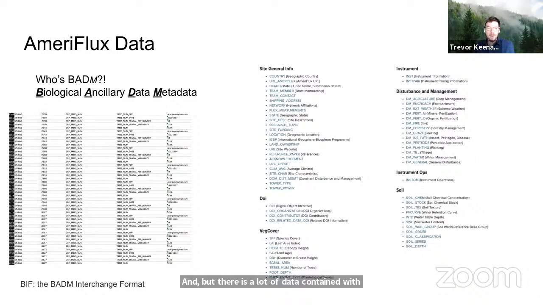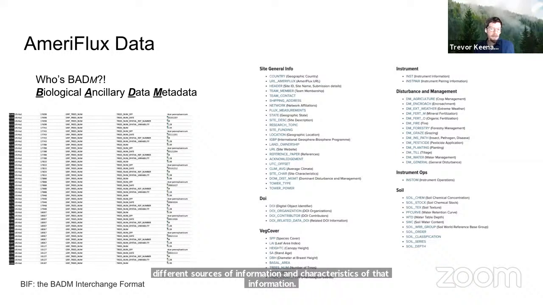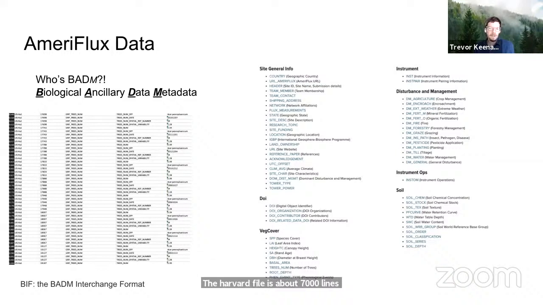So for example, when you download and open one of these files, this is the BADM file for Harvard and the US-Ha1 site, you see what I mean. So there are a lot of codes for various different sources of information and characteristics of that information. The Harvard file is about 7,000 lines long. Okay, so it's not something you can just scroll through and pick out the numbers you want very easily.